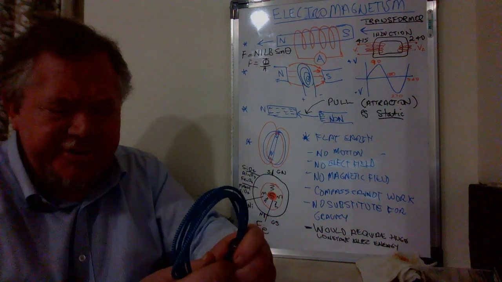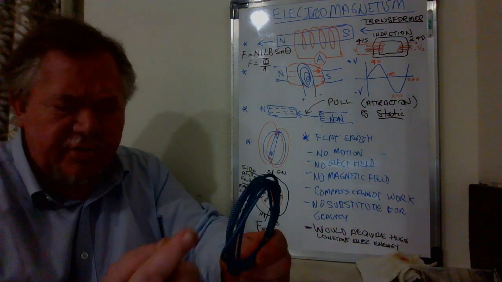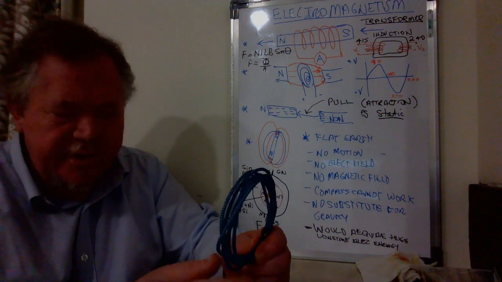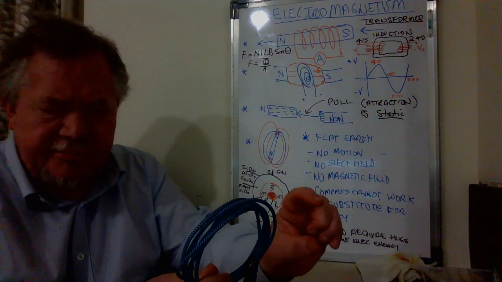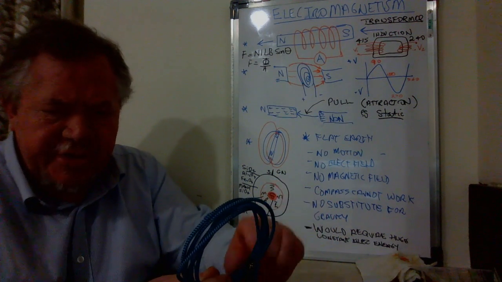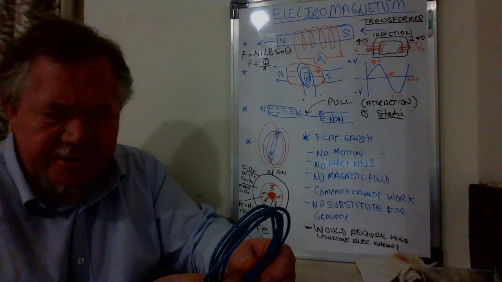and 10 turns on the other side, and on one side I've got 240 volts going into this particular wire. If I measure the voltage from this one, I'll only have 24 volts. That's how a transformer works. It works by what's called induction.